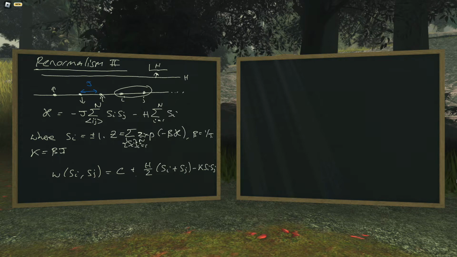So what that means is that in our case, if we have the spin at site 1, spin at site 2, S3, S4 along our lattice, when we sum over, say, the even spins, we'll keep the odd ones.